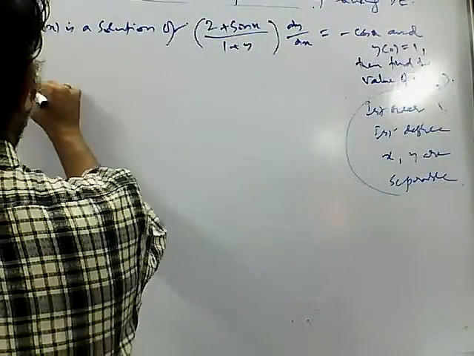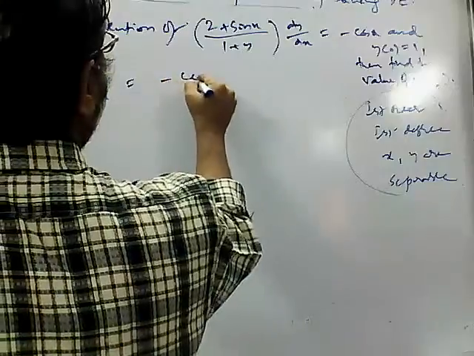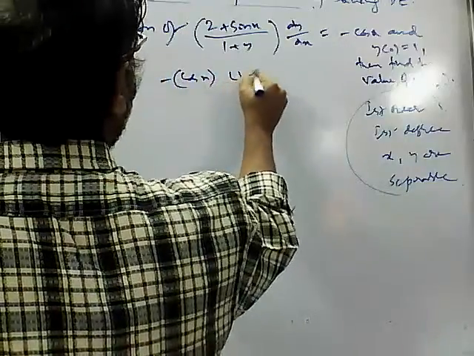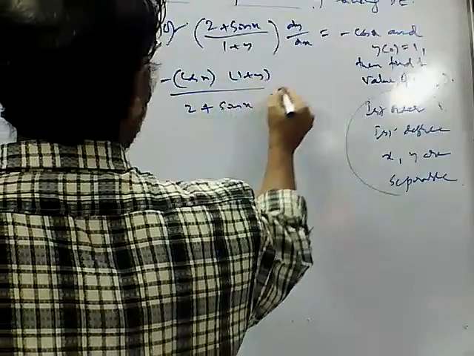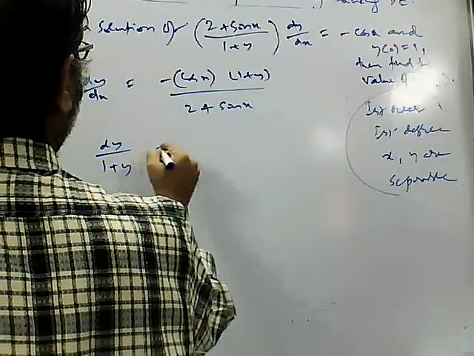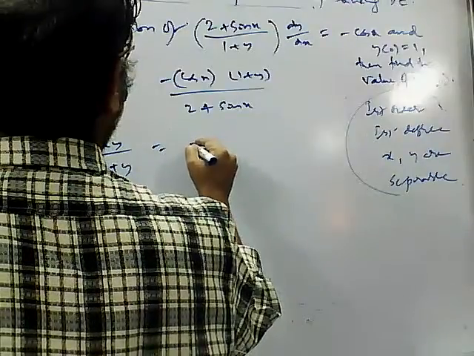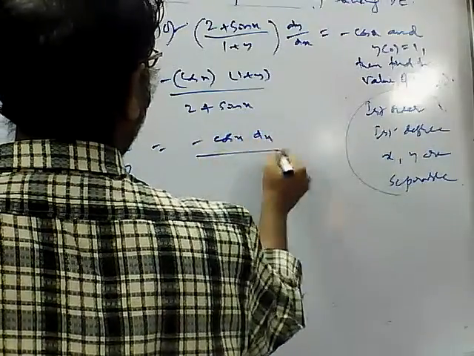Okay? So given dy by dx is equal to minus cos x into 1 plus y by 2 plus sin x. So dy by 1 plus y is equal to minus cos x dx by 2 plus sin x.